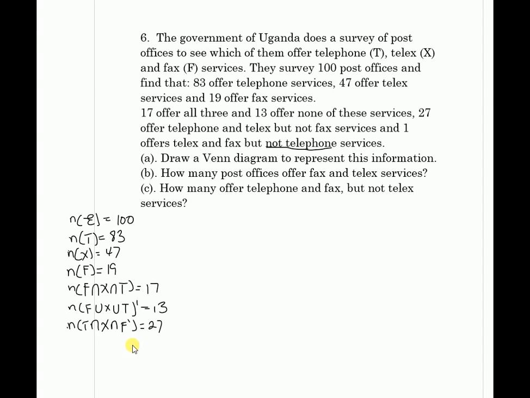And the other one is 1. There is one offering telex, which is X, and intersection F, but not telephone, but not T, which is 1.